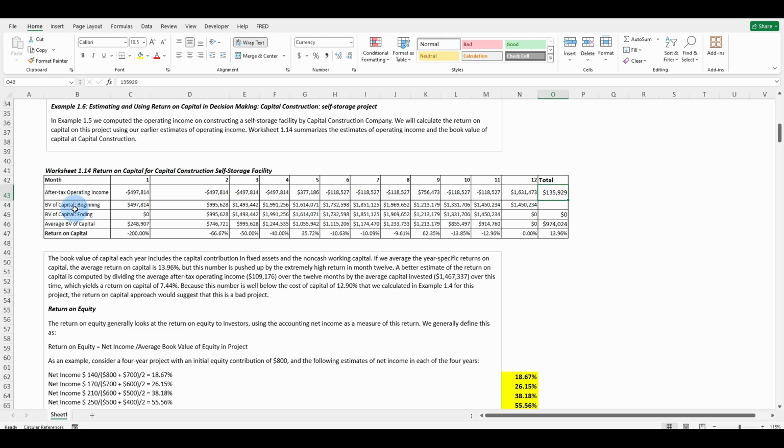Then we have this book value of capital, and I do all these calculations. So we have a return on capital of 13.96. What is that? That's $135 divided by the average book value of capital. What's the book value of capital? There was a 25-75 ratio here, 25% debt, 75% equity.